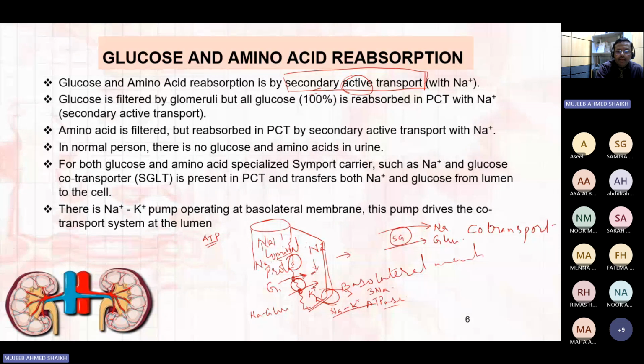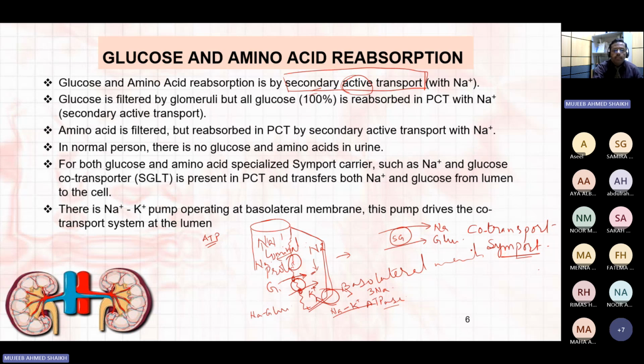It is a type of secondary active transport, but it is known as co-transport because they are moving in the same direction. If one of them moves in the opposite direction, at that time it will be known as counter transport. Okay, so here there is no counter transport. Here is a co-transport. Another name for this co-transport is symport.